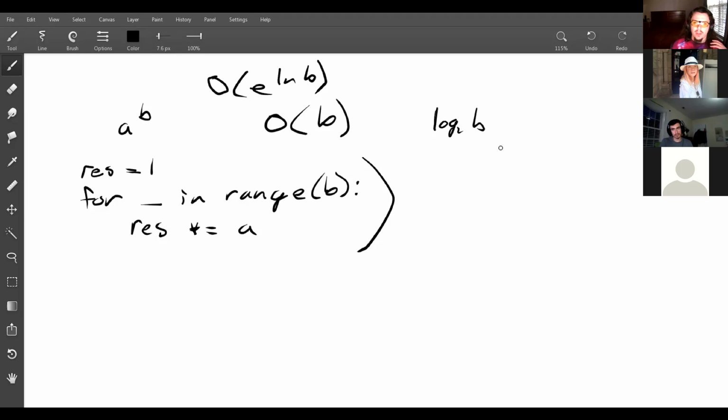Most algorithms on computers deal in the number of bits they have to manipulate, not the actual size of the number. So this algorithm is O(2^(log2 b)), or O(b), which is obviously bad. Exponential algorithms are bad. So can we actually come up with an O(log2 b) algorithm?